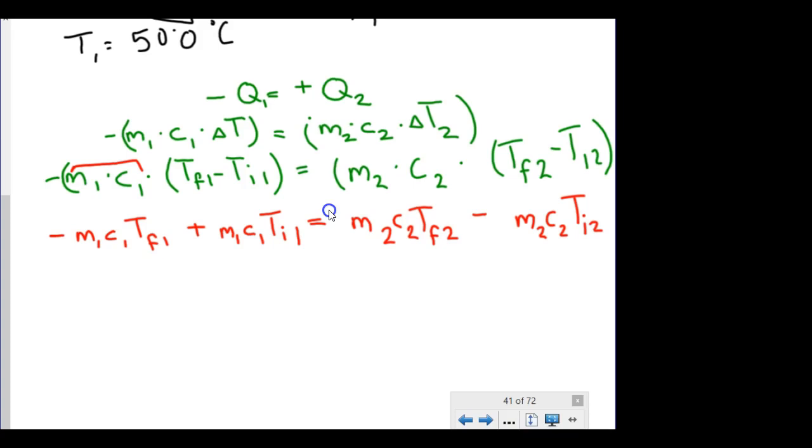What I mean by that, this one has TF. I want to bring it to the same side as this one here, which has TF. And I'm going to do that by subtracting M2C2 TF2 from this side.